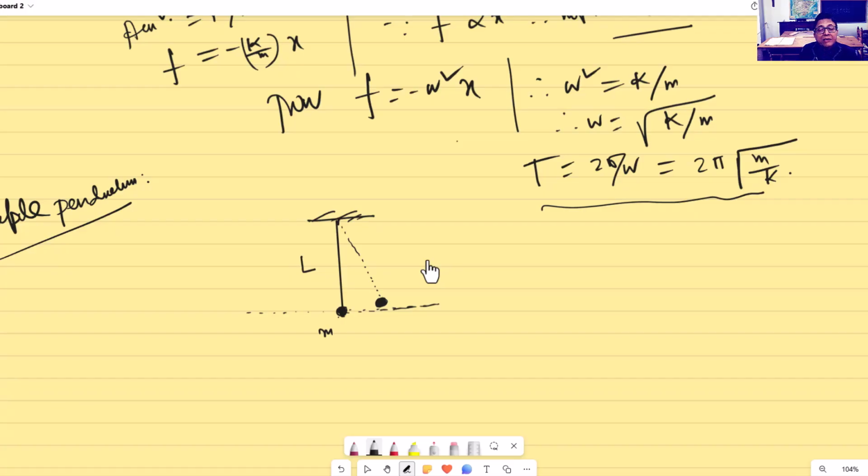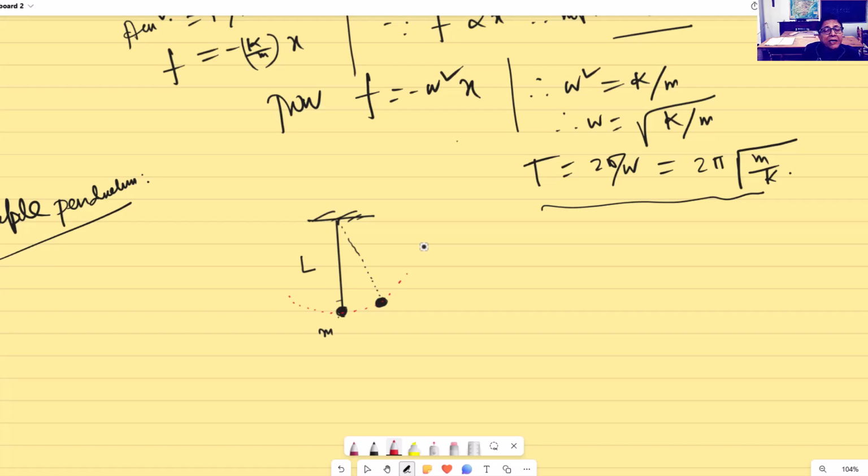It is disturbed slightly from the equilibrium position. It is better you draw the circular arc on which it travels. It will be like this, no? Horizontally also it is disturbed.